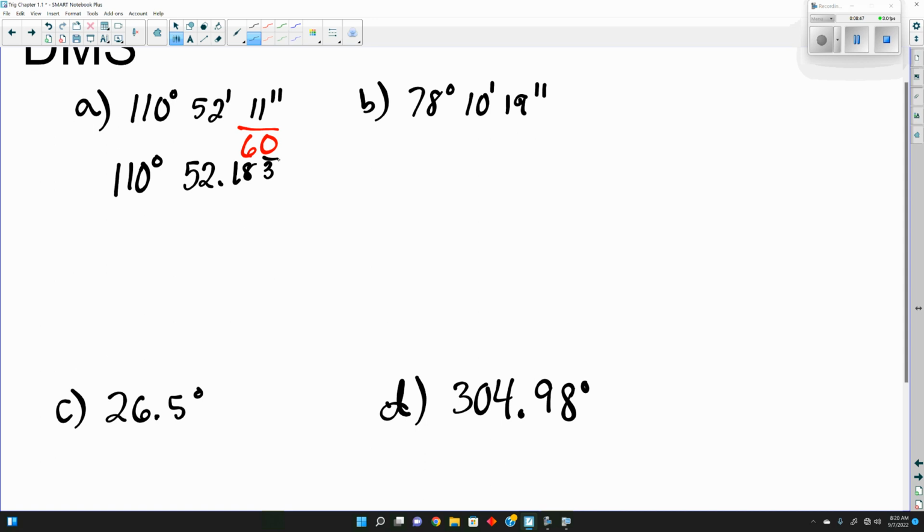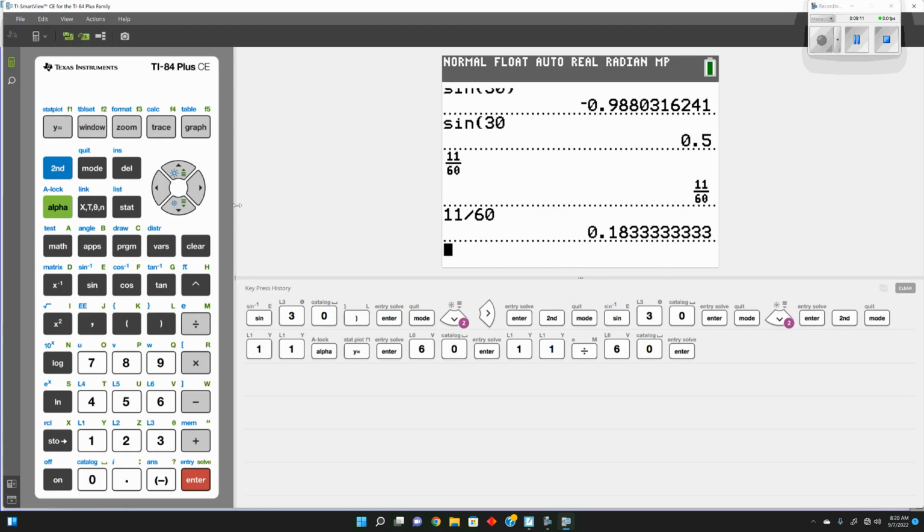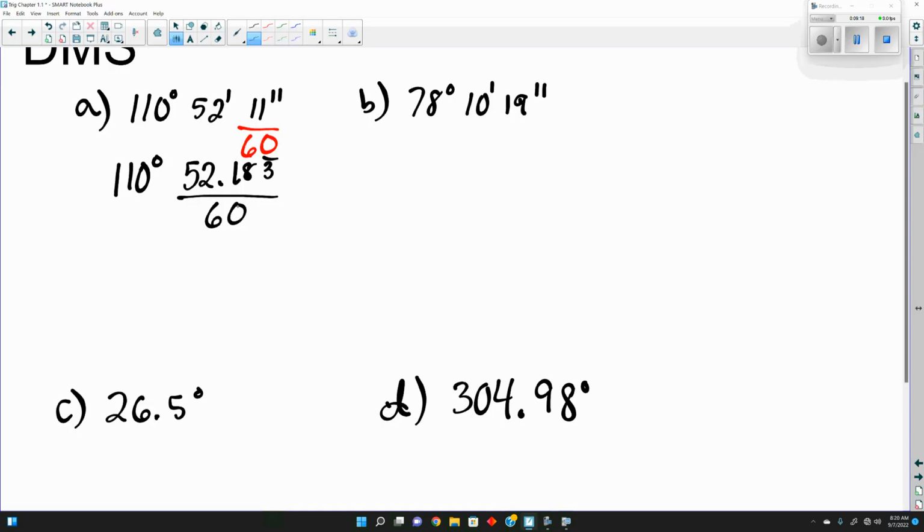And we could do the same thing with this one here, because again, there's 60 minutes in a degree. So we can divide this by 60. Now the issue is trying to type in 52.18 and then 3 repeated. Well, the nice thing is the calculator does have it here. All we need to do is add 52.